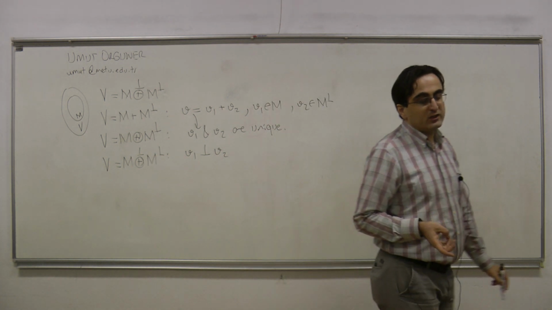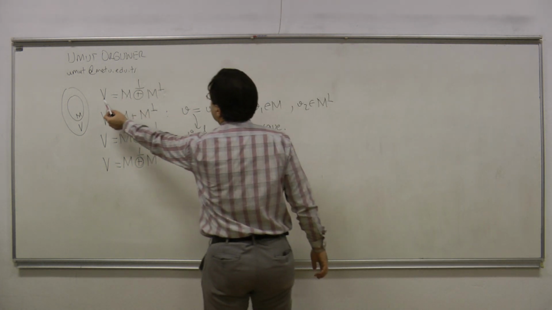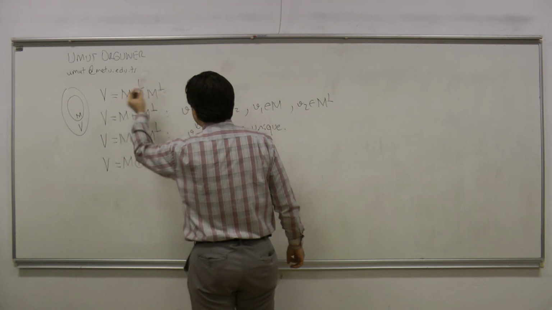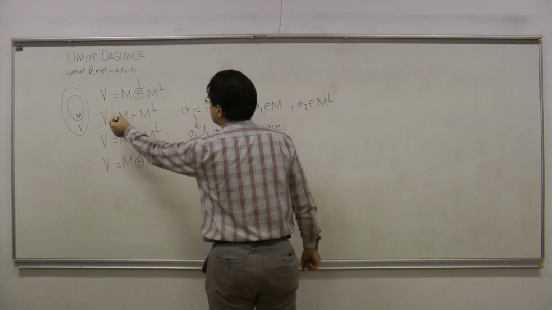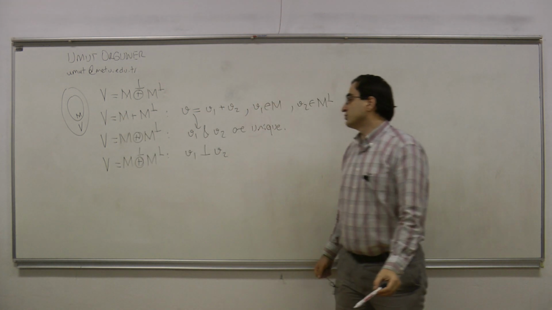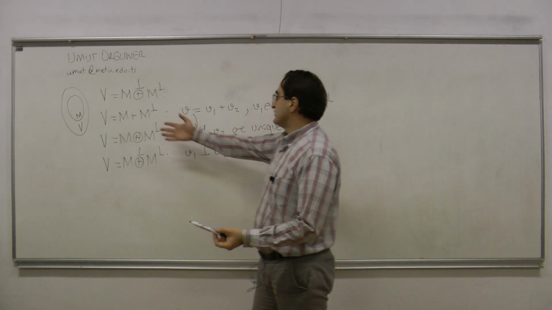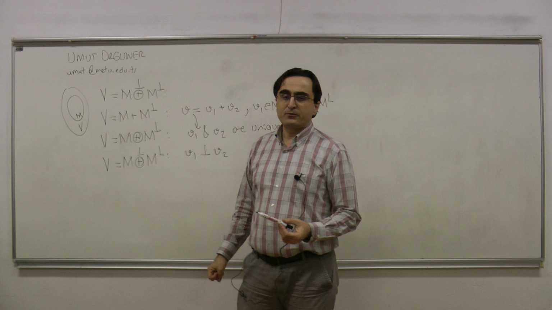So a single statement, V is M orthogonal direct sum M orthogonal complement, means that these three facts are correct. And remember, the projection theorem is based on this fact.